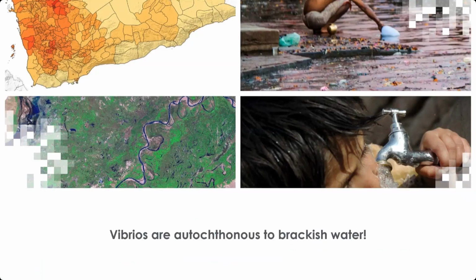They are native species to the water and environment, meaning that they will remain viable pathogens in the water system. The best way we could get ahead of Vibrio infections is to develop an understanding of when and where the population might be at risk of exposure from these pathogens.